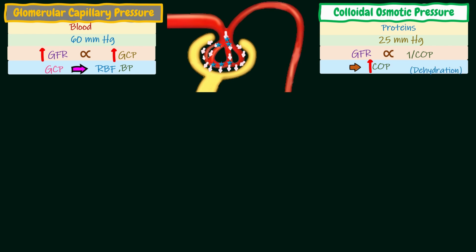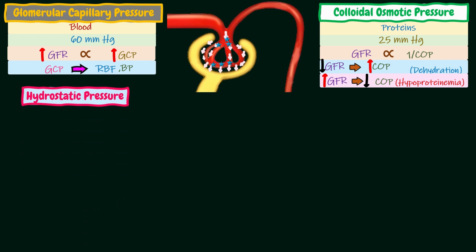When colloidal osmotic pressure increases, as in the case of dehydration or increased plasma protein level, glomerular filtration rate decreases. When colloidal osmotic pressure is low, as in hypoproteinemia, glomerular filtration rate increases.